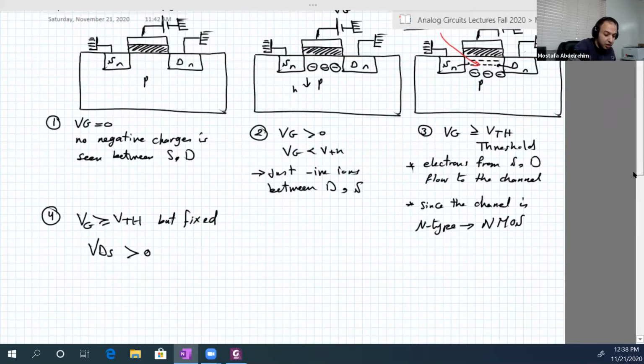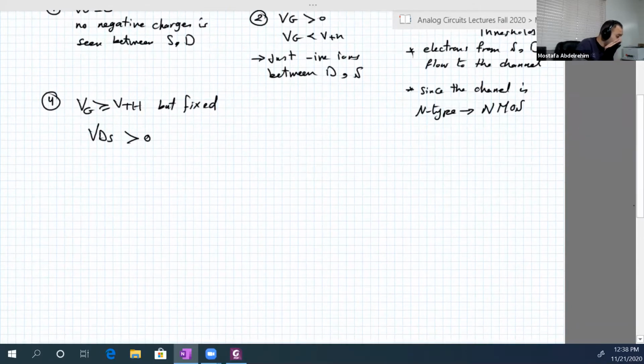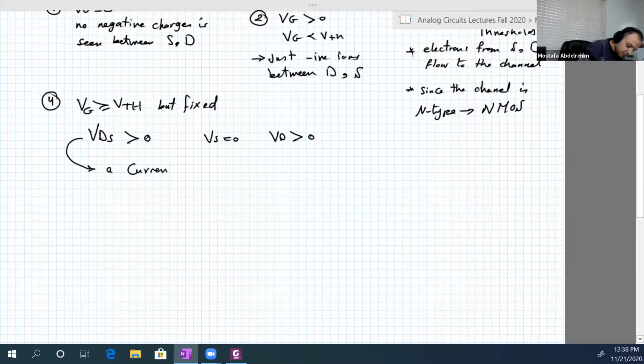Now we're gonna keep V source at 0, but VD will be larger than 0. Now there will be a current flow, from the drain to the source.